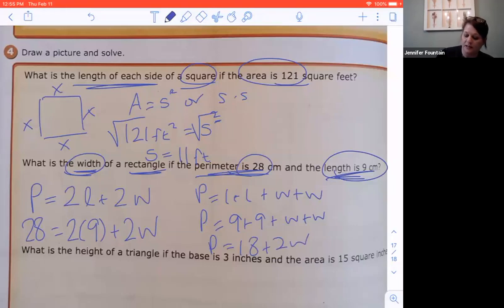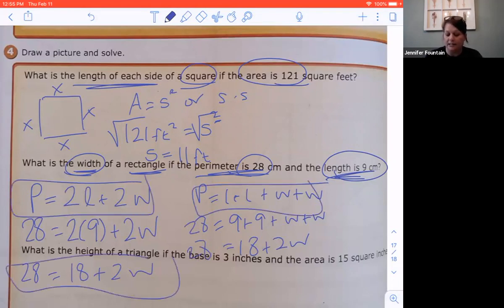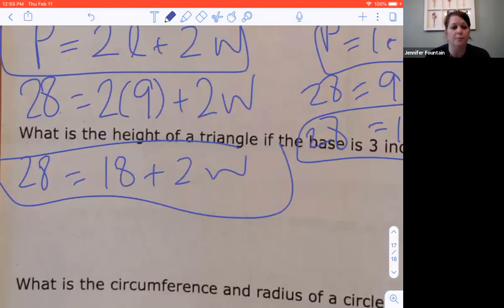Over here, I'm going to end up with 28 equals 18 plus 2W. Whoops, over here I meant to put 28 as my perimeter. So either way, whichever formula I start out with, now I'm back to the exact same thing. Okay, so you can use either formula, but now I've got to solve for W.